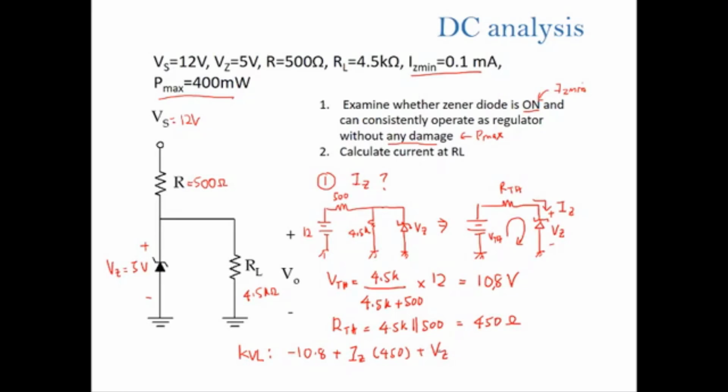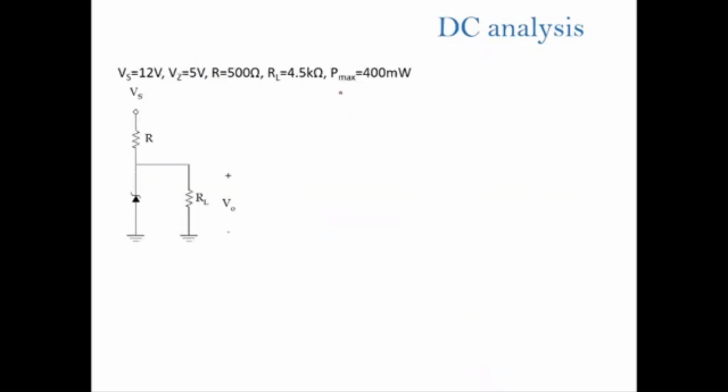Vz is equal to 5, so plus 5 equals 0. So now you get Iz equal to 10.8 minus 5 over 450, which is equal to 12.89 milliampere. So you get the value for Iz. Here Iz is equal to 12.89 milliampere.